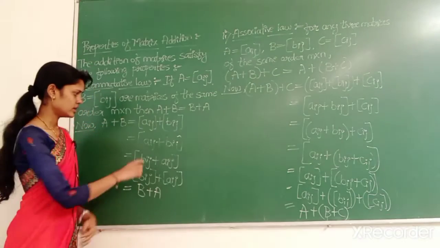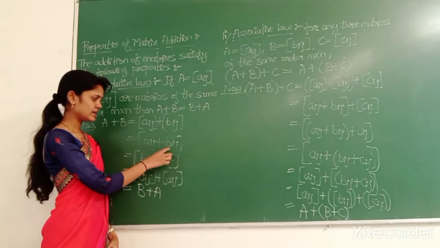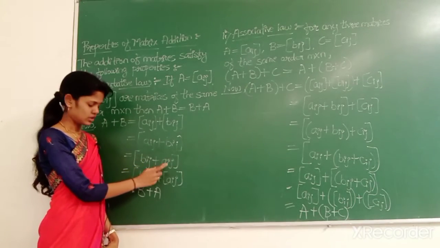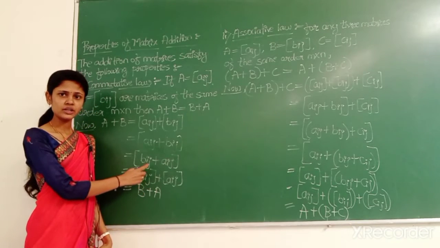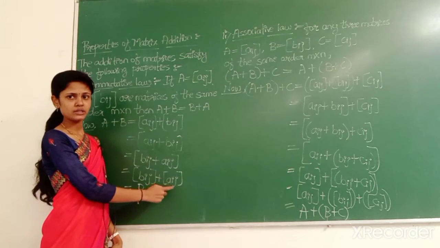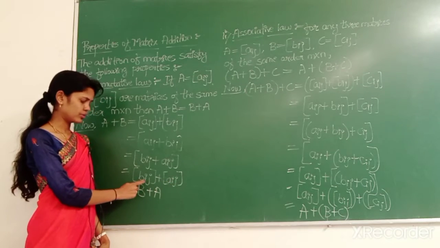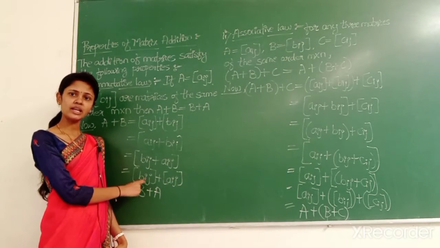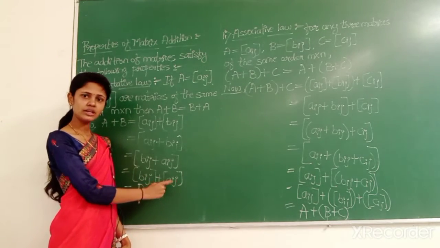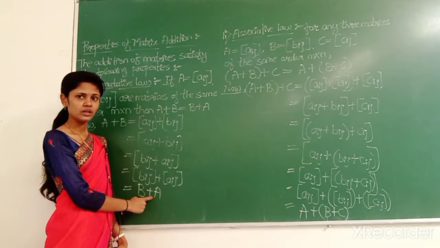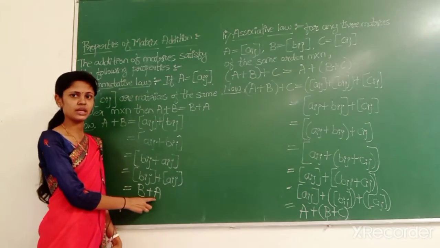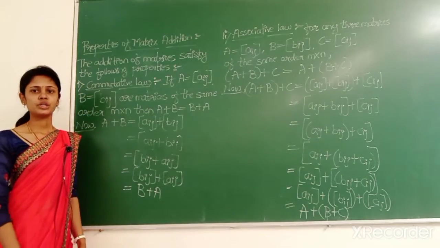So like that, if we write Aij + Bij, then we can also write Bij + Aij. Writing matrices separately for each term, this is matrix [Bij] + matrix [Aij]. Therefore, what is Bij? It is the element of matrix B, and what is Aij? It is the element of matrix A. So what we proved is A + B = B + A. This is our commutative law.